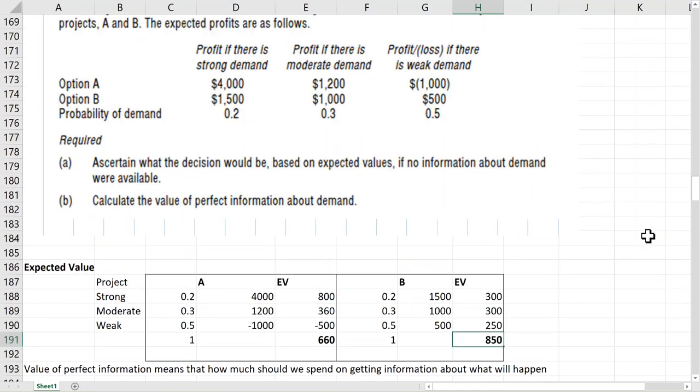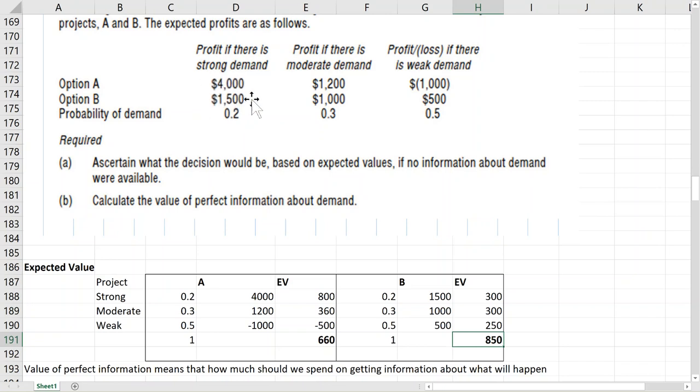Now, with perfect information, what if somebody or an organization could give us information on what is going to happen? Then what would we decide on? Let's say they give us information that the demand is going to be strong. In strong, which one will we choose?